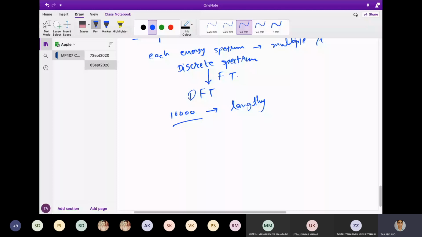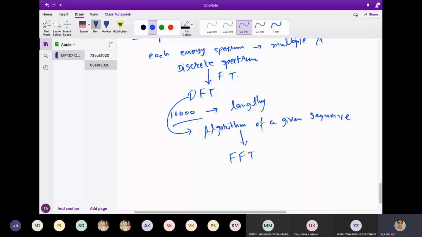So when you write down the algorithm for such a discrete Fourier transform for a given sequence, this will give you the whole complete transformation. That we call the fast Fourier transform. Okay.